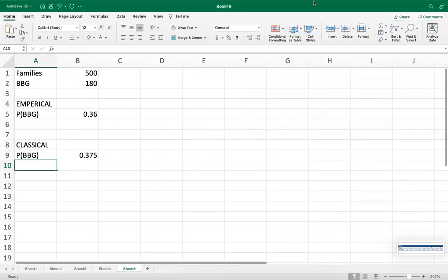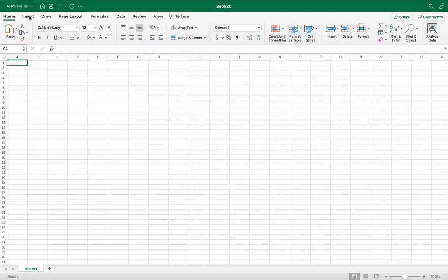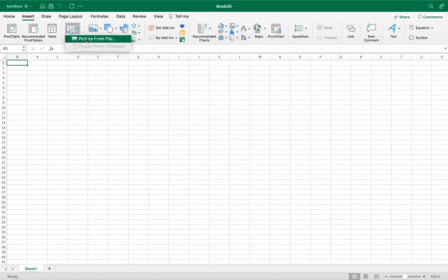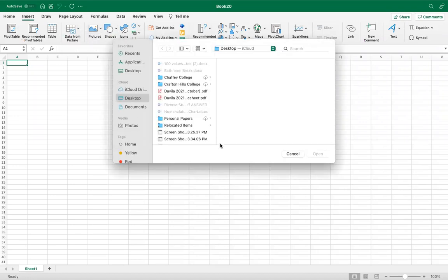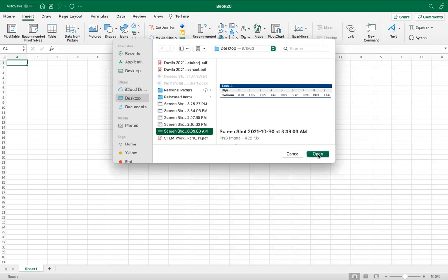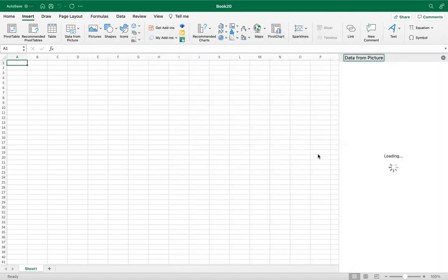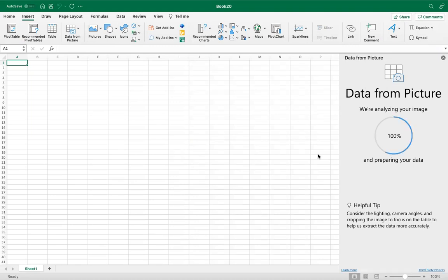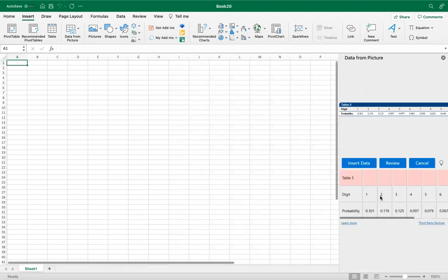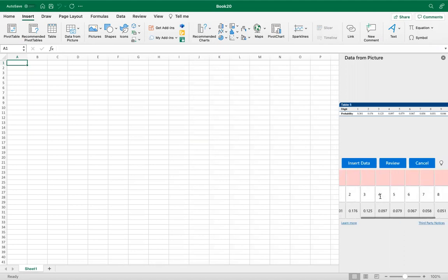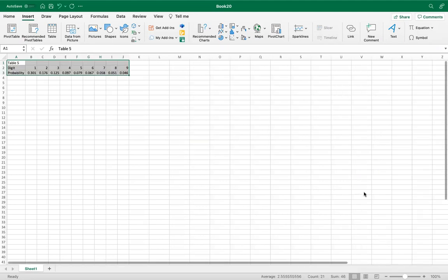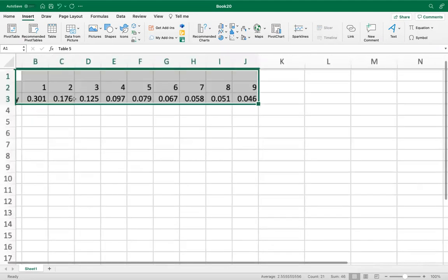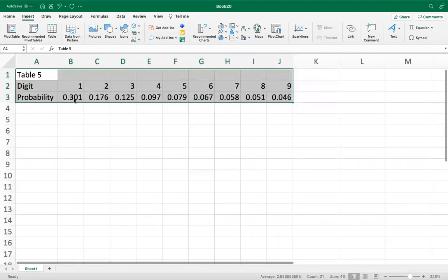Over here, insert data from table, picture from file. Table 5, probabilities, looks good, insert. And now we have this data.